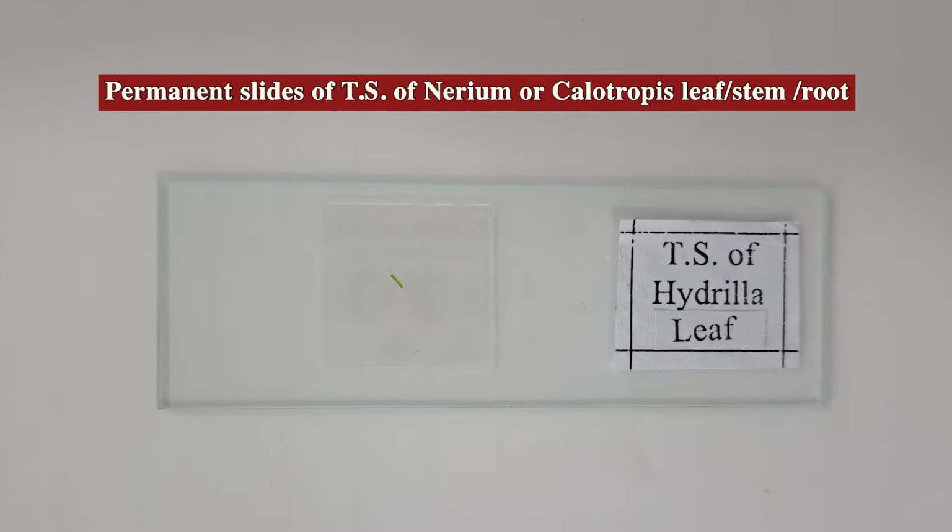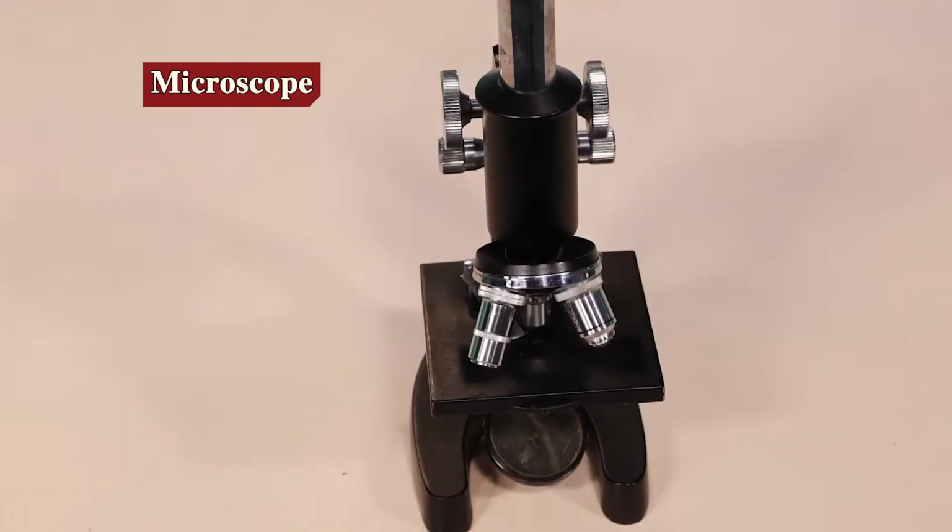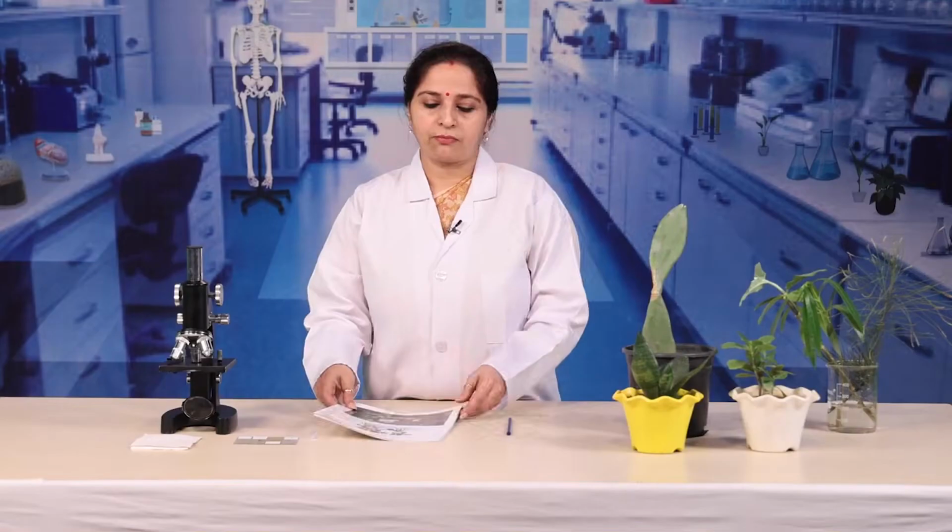Permanent slides of TS of Nerium or Calotropis leaf or stem or root and permanent slides of TS of Hydrilla stem, root or leaves, and a microscope.